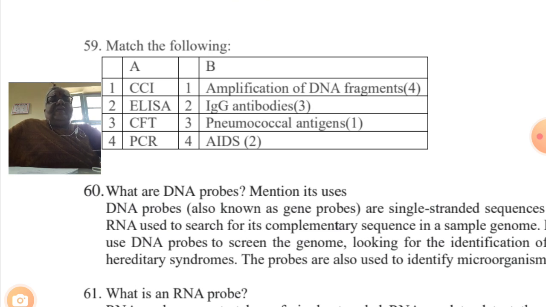CFT is for detection of IgG antibodies and PCR, polymerase chain reaction, is for amplification of DNA fragments. So in the bracket we have given the answers also, right? All this has been explained while discussing the questions on molecular diagnostic tools.